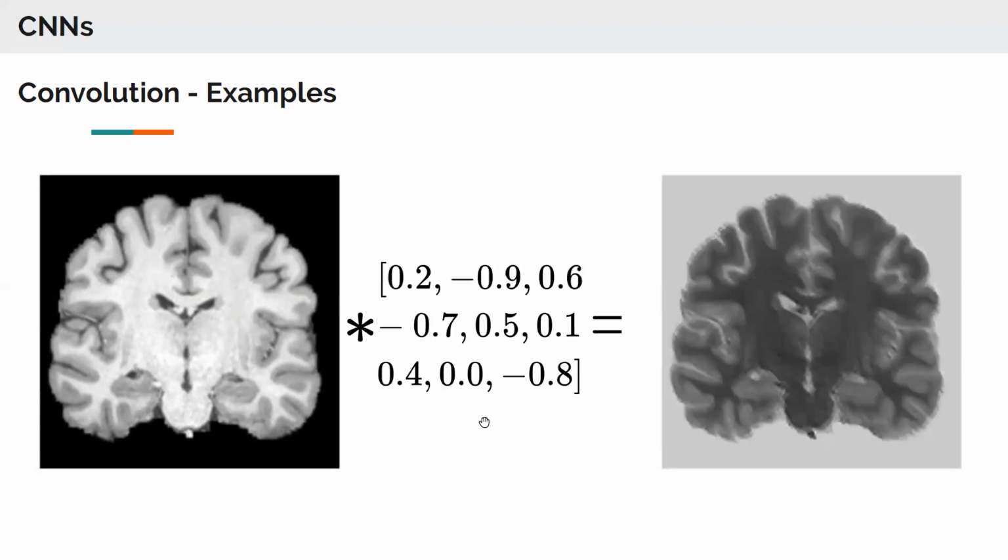So this is basically to show that the convolution operation can bring about a lot of different types of transformations of the image. And in general, what I've done here is I've just placed random numbers in the kernel matrix. And then when we do the convolution, we get some representation of the image.